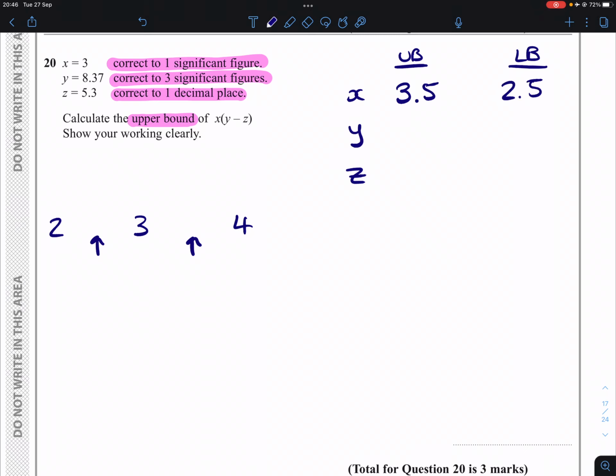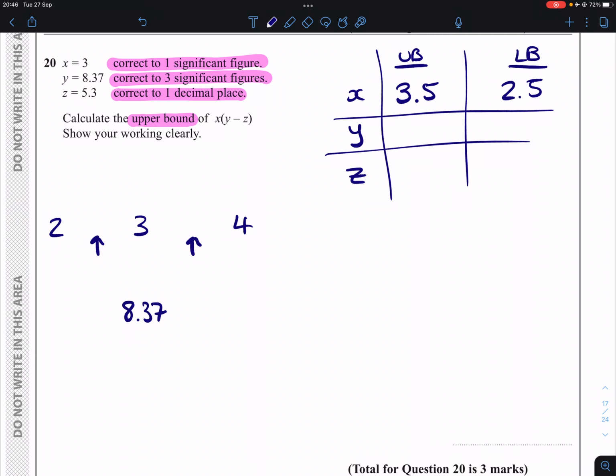So I'm just going to list the fact that x's upper and lower bounds are 3.5 and 2.5. For our second number, 8.37, correct to three significant figures, before that would be 8.36, after that will be 8.38, and the values for our upper and lower bounds in between are 8.375 for the upper bound and 8.365 for the lower bound.